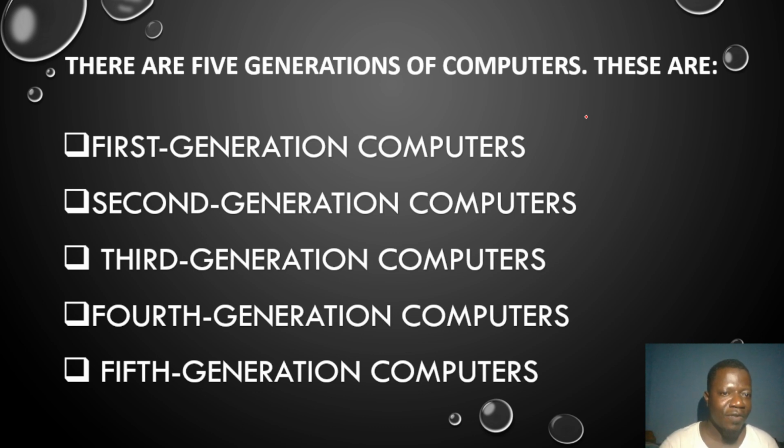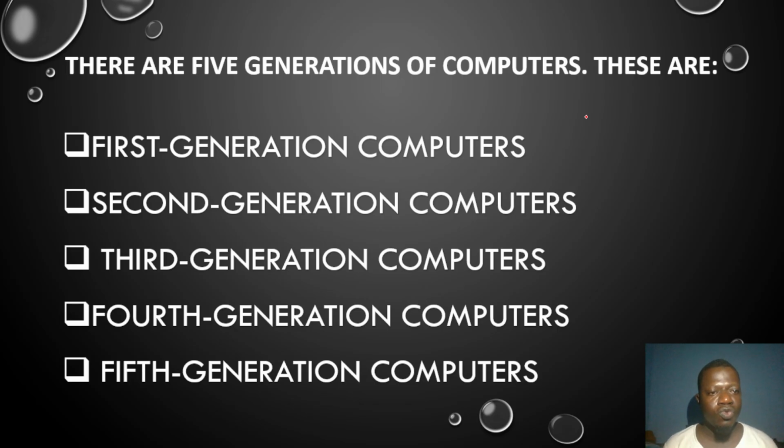So from the onset of technology, we can now agree that technology development has gone through five stages, which we are referring to as the generations of computers in today's lesson.